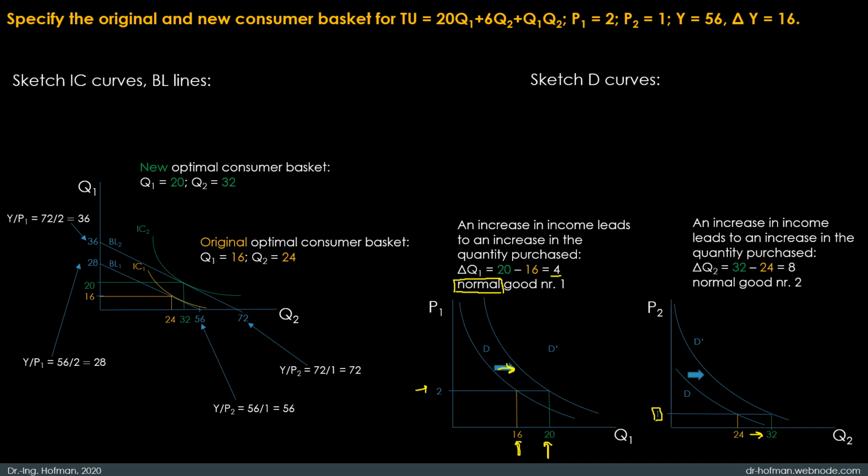Also here was the shift of the demand curve to the right. And that's why by unchanged price and changed yield, there was a positive change in quantity. We had to move the demand curve to the right. We can say it is not a luxurious good, it is not an inferior good, but it's a normal good in the case of the second good.